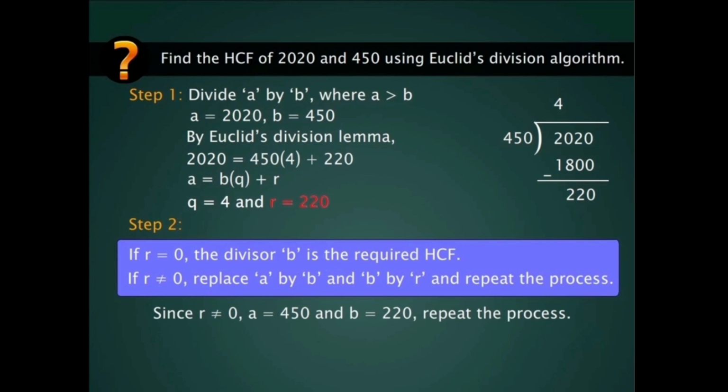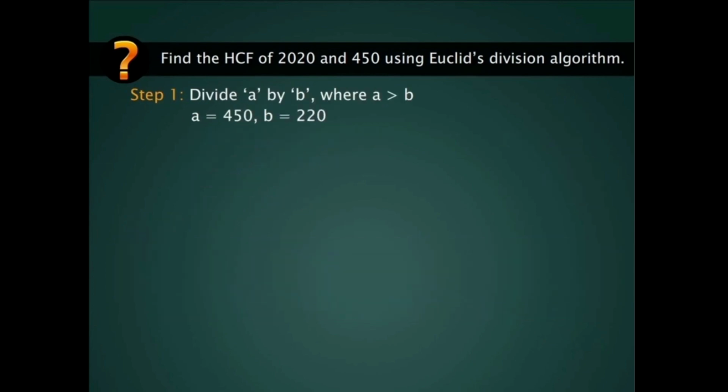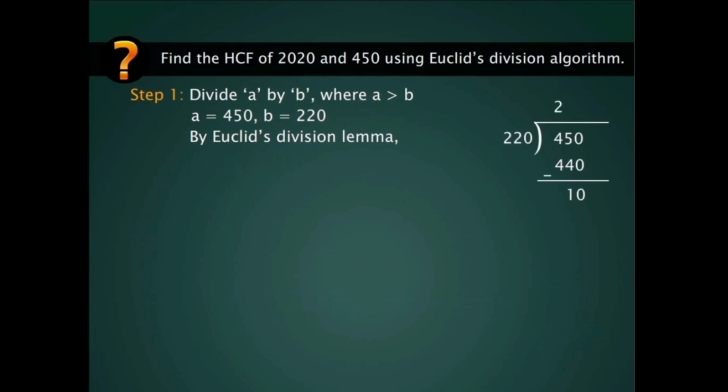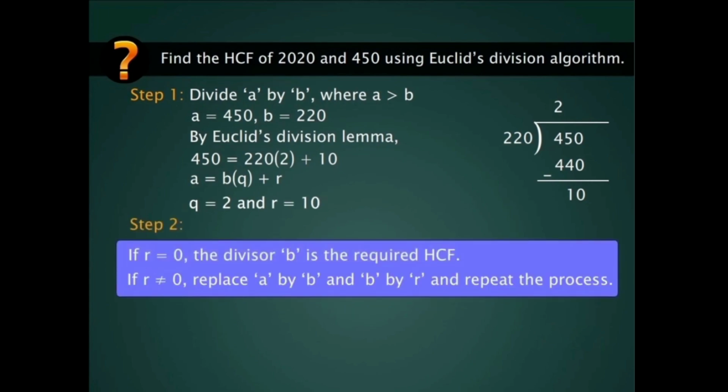Since r is not equal to 0, replace A by B and B by r and repeat the process. By applying Euclid's division lemma again, there exist q and r such that A is equal to B times q plus r. Since r is not equal to 0, replace A by B and B by r and repeat the process.